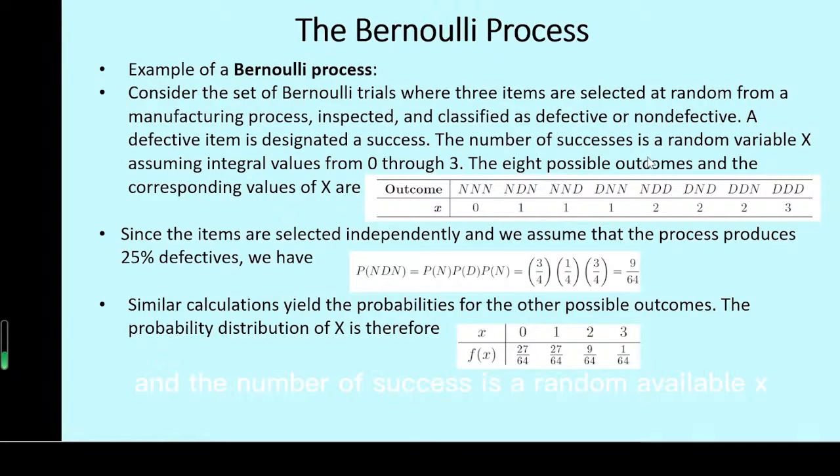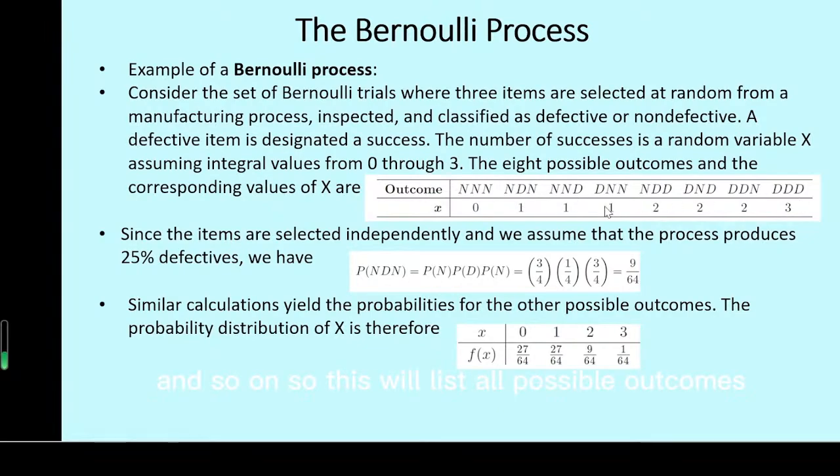And the number of successes is a random variable x, assuming integral values from 0 to 3. The 8 possible outcomes and corresponding values of x can be listed in this table. If we list all results of each trial, it can be non-defective, non-defective, defective, non-defective, and so on.